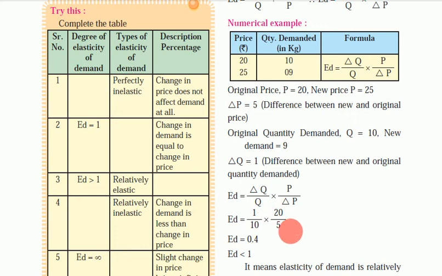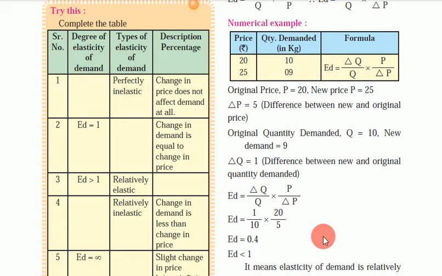That is 1 upon 10 into 20 upon 5. Here we can cancel 10 into 20, giving 2 upon 5, which is 0.4. 0.4 is our answer.